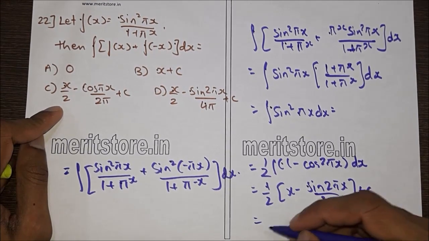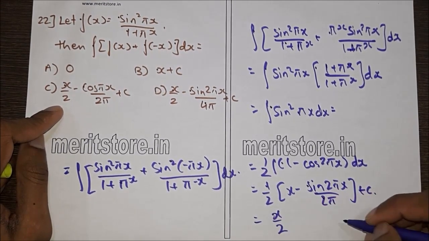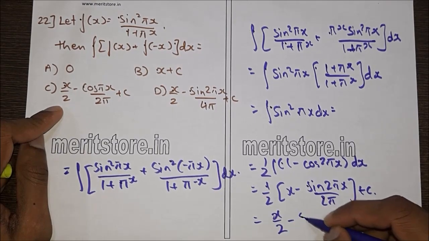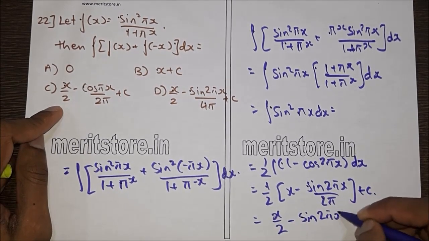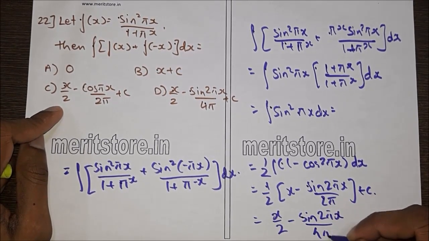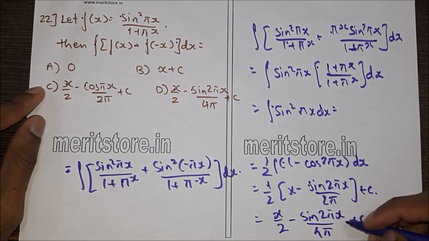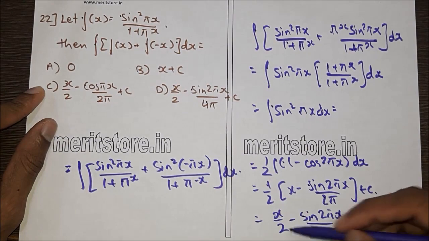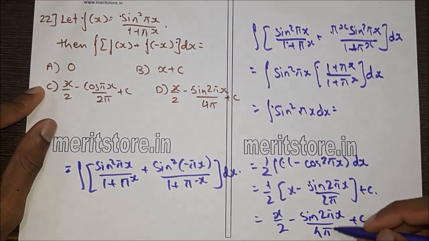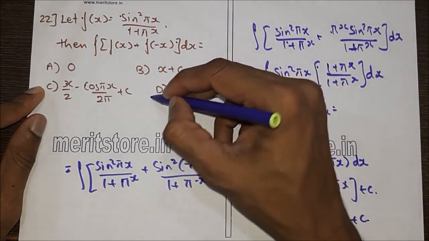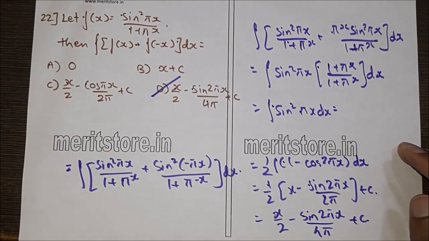Therefore, we get this as x by 2 minus sine 2 pi x upon 4 pi plus c. With this, we see our answer matches with option D, that is x by 2 minus sine 2 pi x upon 4 pi plus c. Therefore, D is the correct answer.